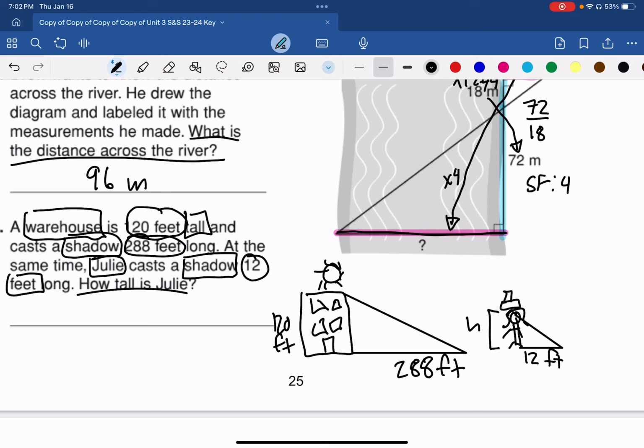All right. So, you can either choose scale factor or choose ratio. The choice is yours. If you choose, and maybe this is your final test, pause the video and do it without me. All right. Well, let's see here. We have 120 over 288.